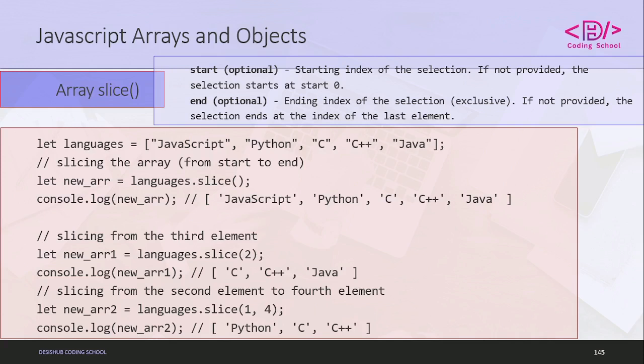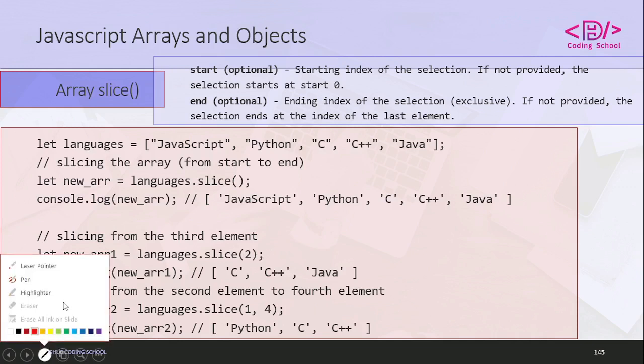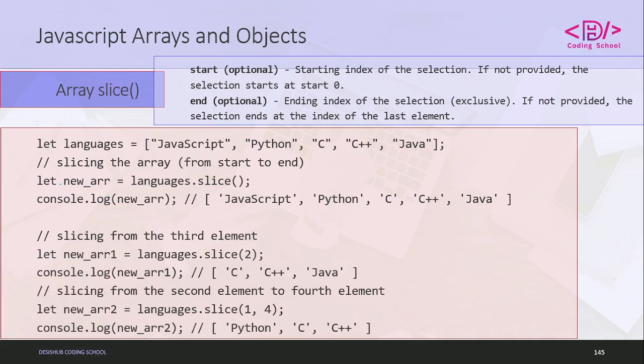So in the first case, let's look at, for instance, you have languages. You have an array containing different programming languages: JavaScript, Python, C, C++, and Java. If you just go and slice and you create a new array, you can see here that we are creating a new array, and it is languages dot slice, and we are passing in no argument at this point.